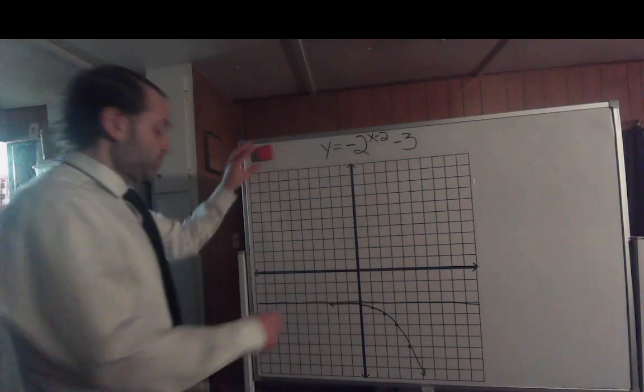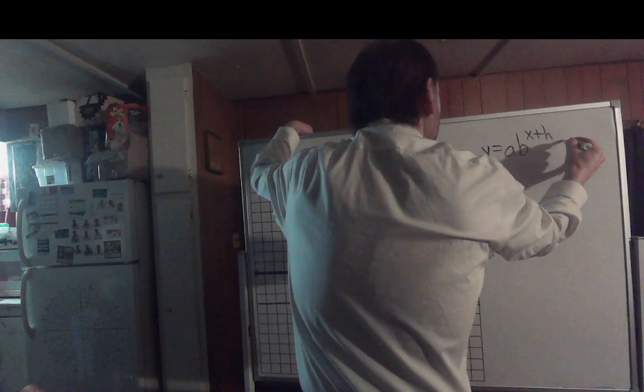Or let's recap real quick. So you have, let me write this better, y equals a times b to the x plus h, plus k. All right.